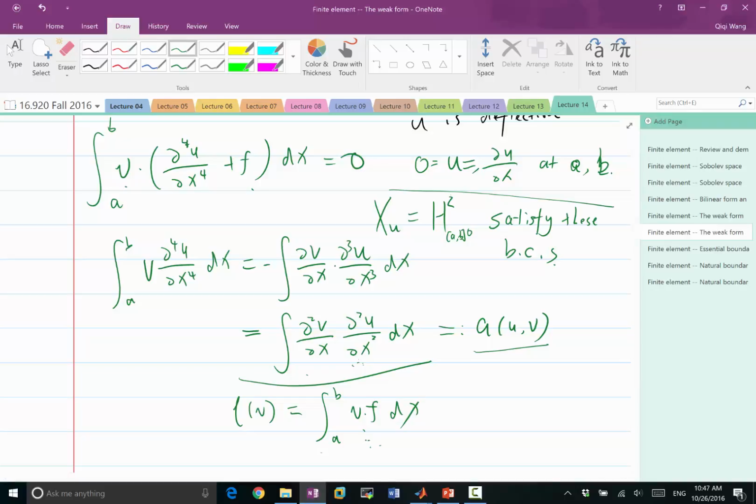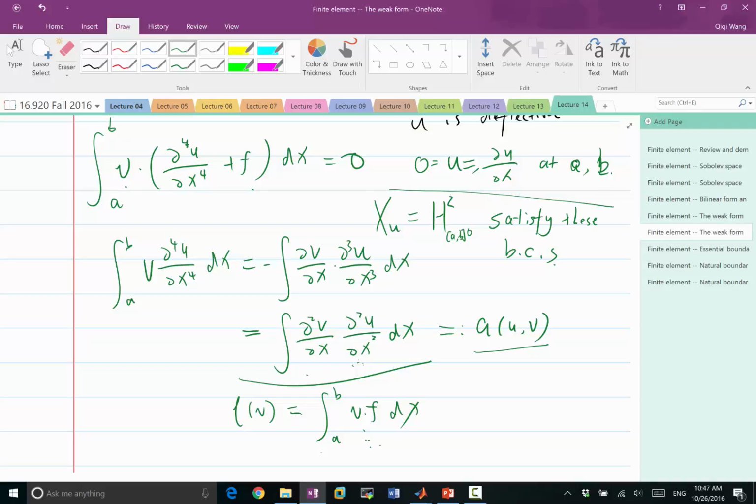Then we solve the same matrix equation AU equal to B to get the linear combination coefficients of these piecewise quadratic basis functions. And then the solution has to be reconstructed using the linear combination coefficients on these piecewise quadratic basis functions.